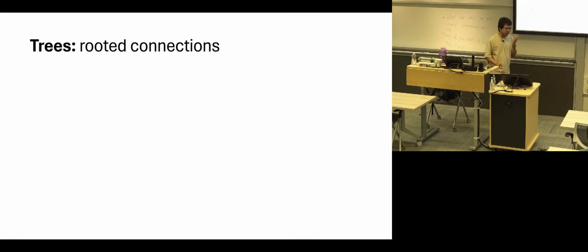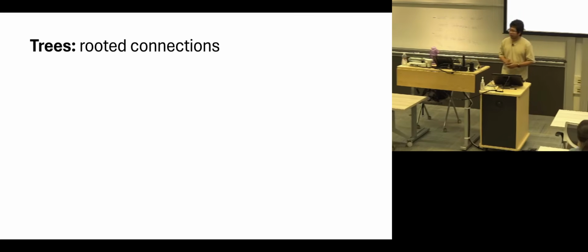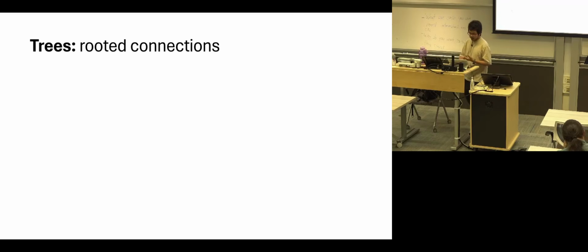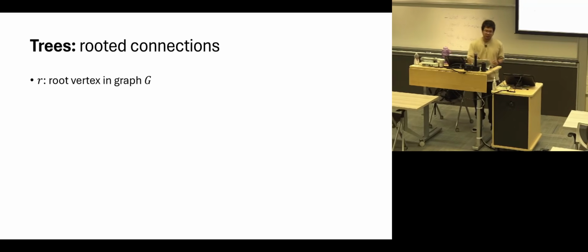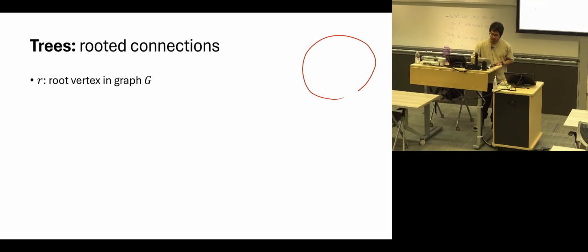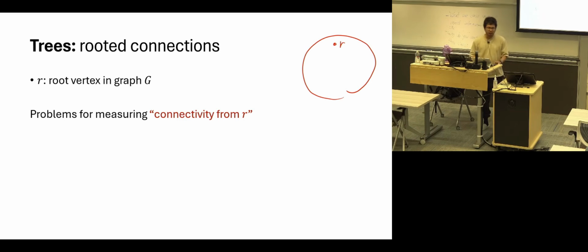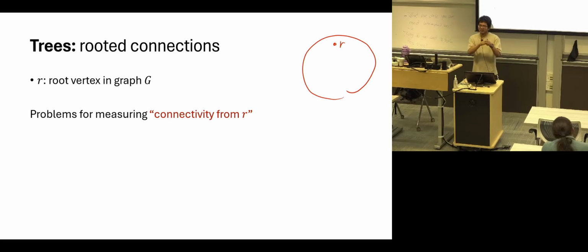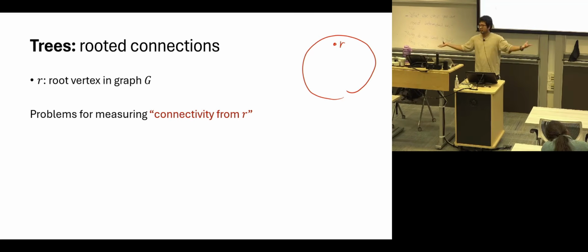I want to mention another thing. Instead of paths, we talk about trees. So imagine that you have one node here, call it a root R. And we want to measure how well R, the root, is connected to the rest of the graph.